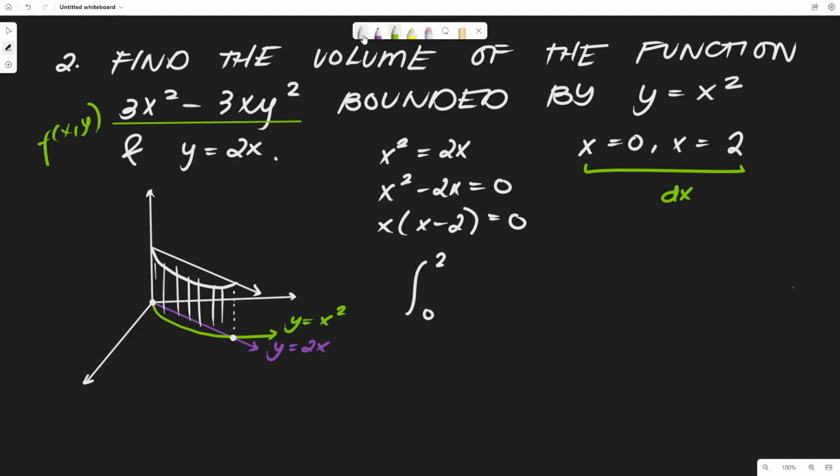Now for the inner integral, what would the boundary be? Remember, since x is on the outside, y is what is left on the inside.